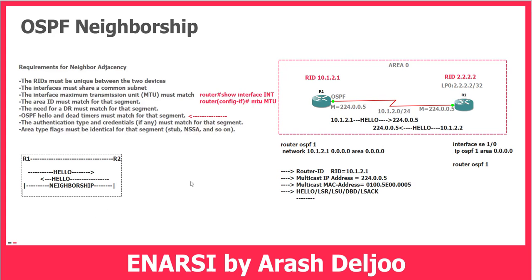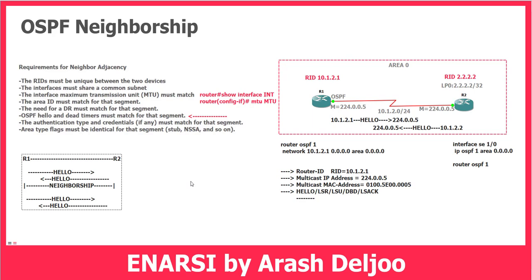But after the neighborship, again we should send hello from router 1 to router 2, and from router 2 to router 1. Why do we need to send hello again after the neighborship? The reason is for ensuring that the other side is alive, and also that we have the similar properties, or the correct neighborship conditions, between the two routers.